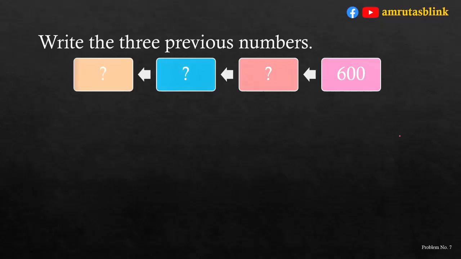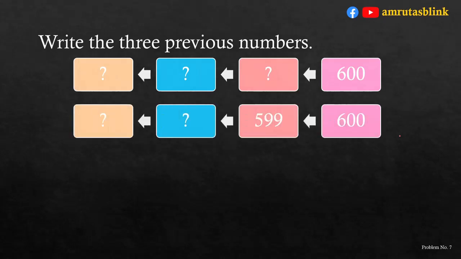Now in the previous question what we were doing is adding 1 to each number to find the next number. Now here we need to find the previous number. So we need to subtract 1 each time from the given number so that we'll be able to find the previous number. Now first is 600. So 600 minus 1 would be 599.